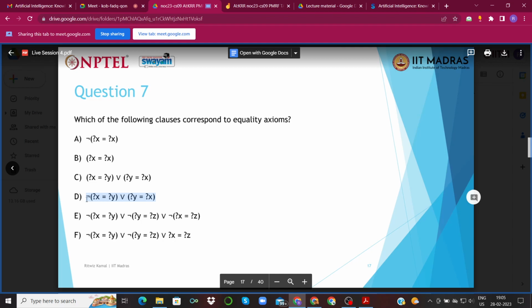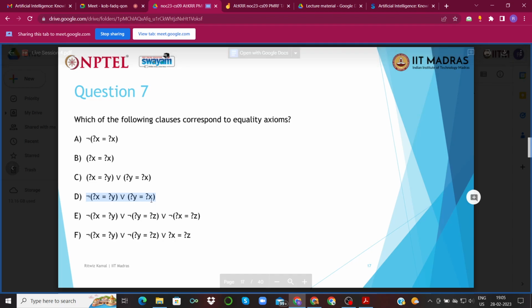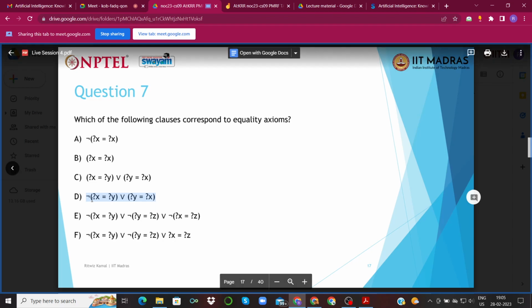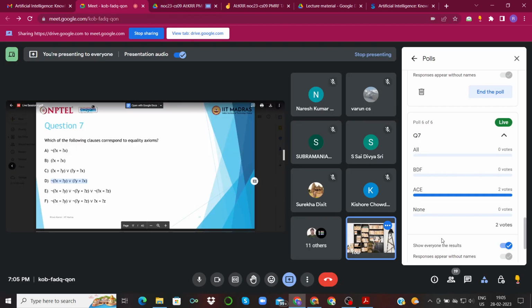So we have not of x equals y, or y equals x. This basically means that either x is not equal to y, or y equals x. And if x equals y, then y will be equal to x. So option D will be correct. This is the symmetry condition, right?